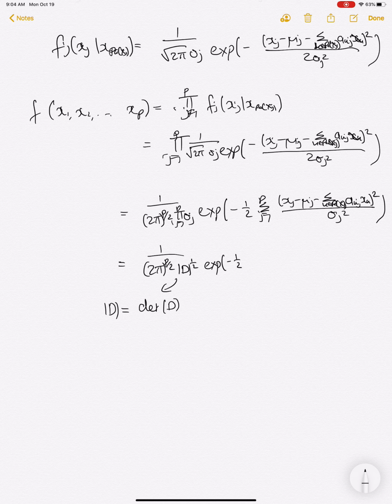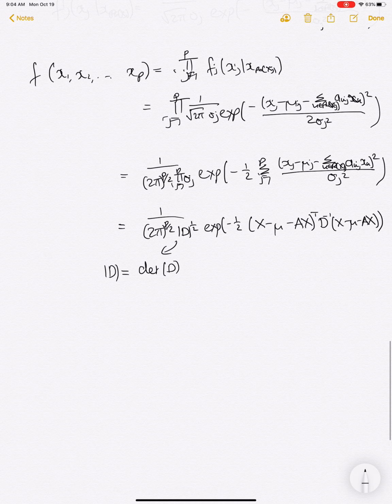So you can rewrite this as x minus mu and then D inverse, okay, so this is just putting it back into matrix vector form.